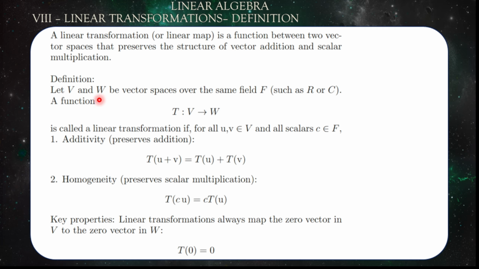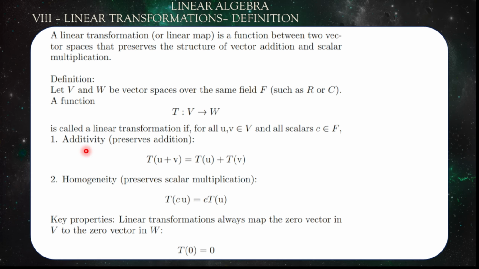Let V and W be vector spaces over the same field F, such as R or C. A function T, which is the transformation from V to W, is called a linear transformation if for all vectors u, v in V and all scalars c in F, which is the field, you have these two characteristics.